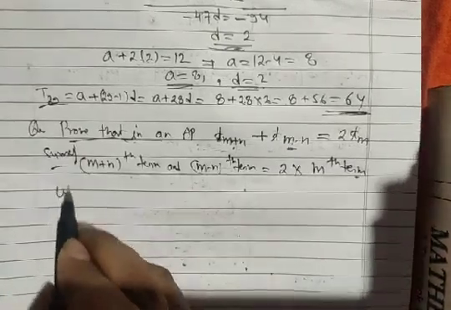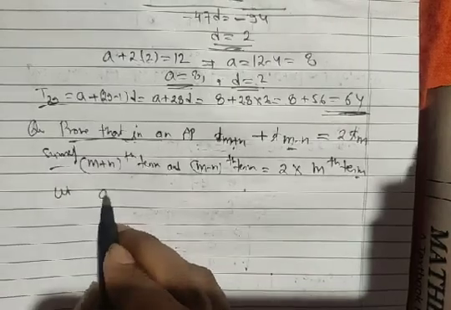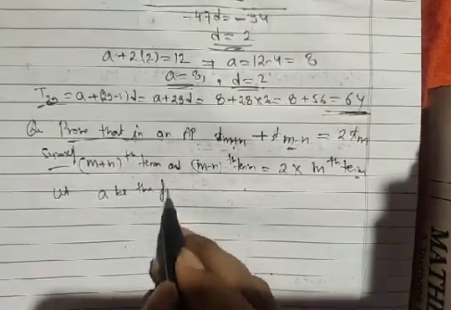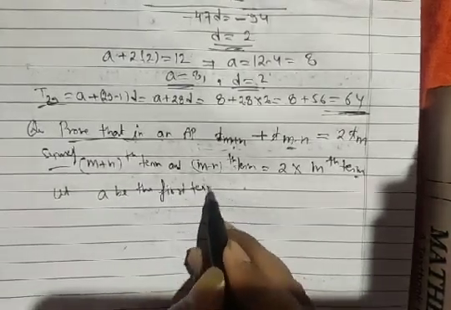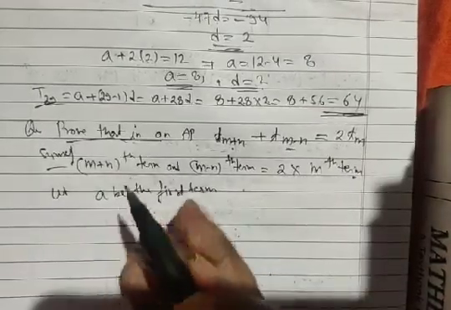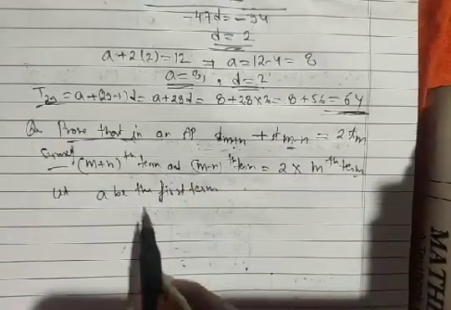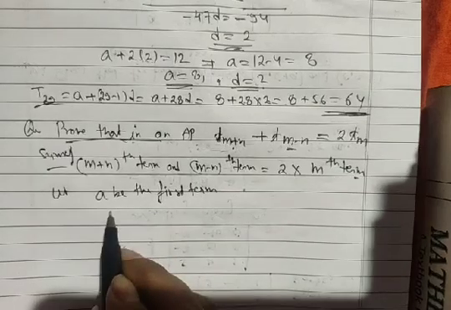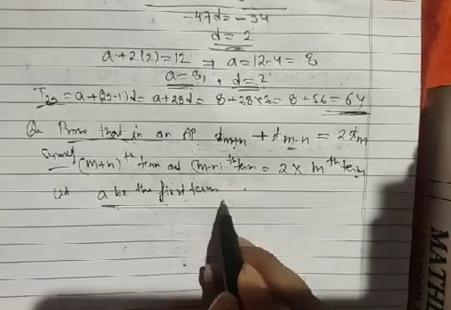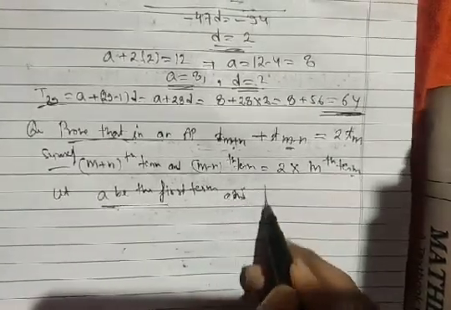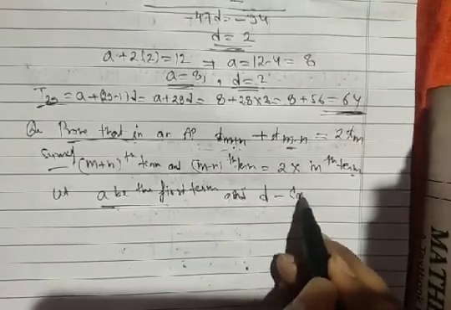Then let a be the first term. We have to suppose the first term because we don't know what its first term and common difference are. So let a be our first term and D be our common difference.